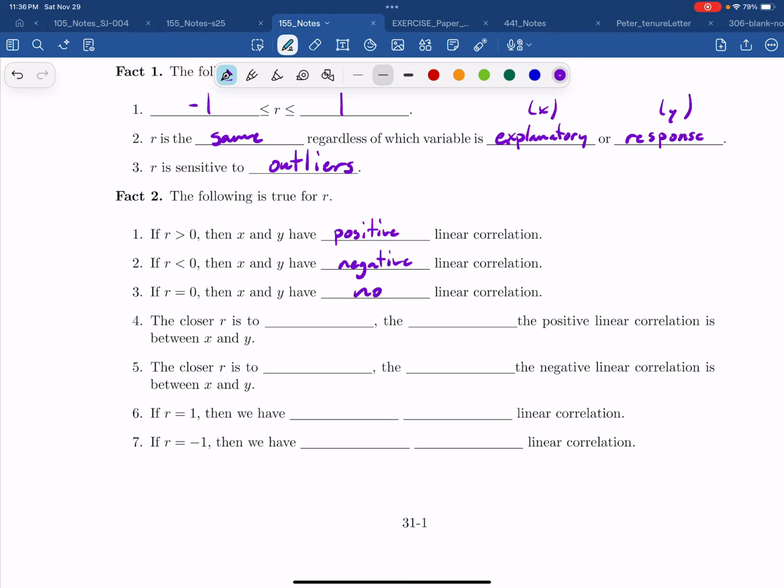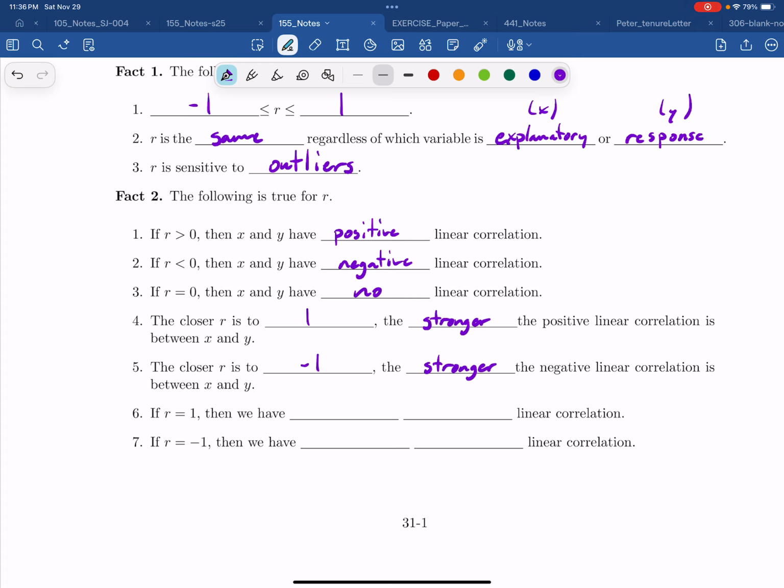The closer R is to 1, the stronger the positive linear correlation is. So closer to 1, stronger positive. The closer R is to -1, the stronger the negative correlation is.